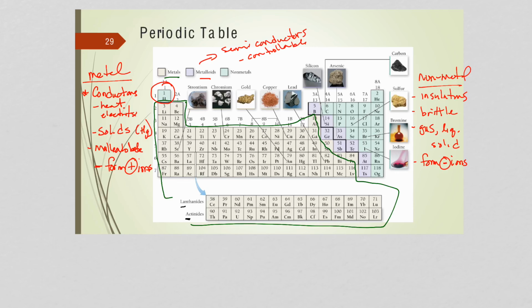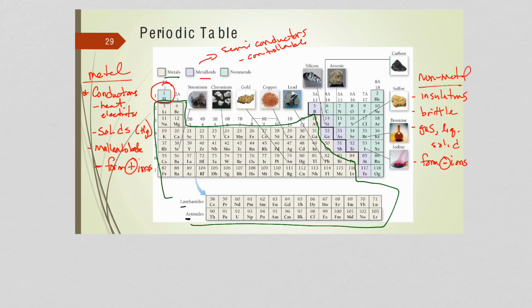And their other physical properties are somewhat like a metal, somewhat like a nonmetal, depending on which one they are. They may be shiny like a metal, they may be brittle like a nonmetal. So they have intermediate properties. They sort of bridge that gap between being a true metal and being a nonmetal.